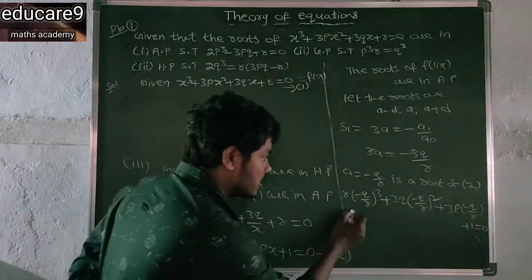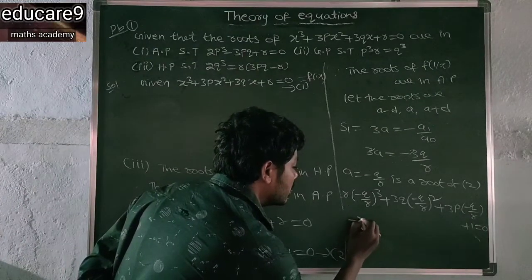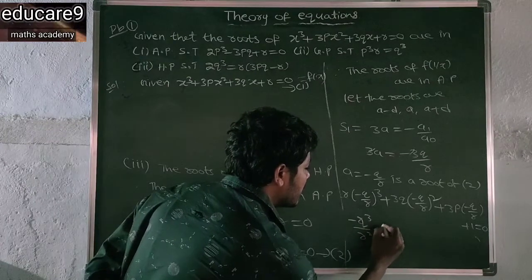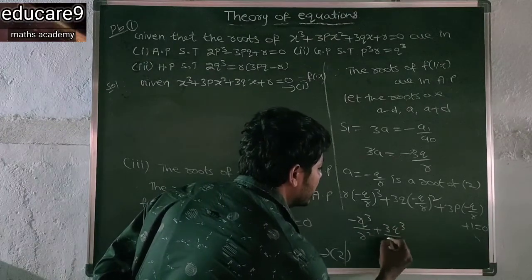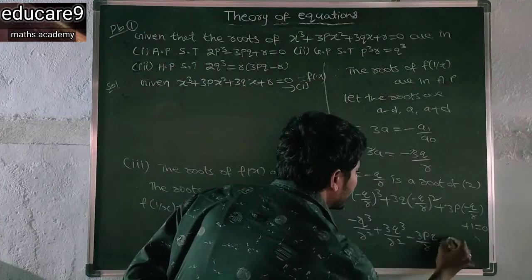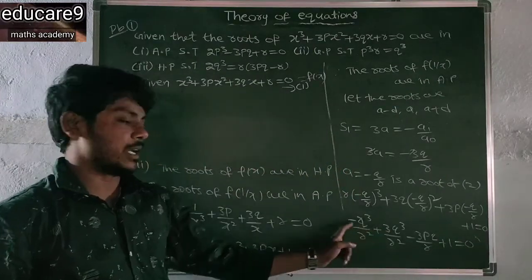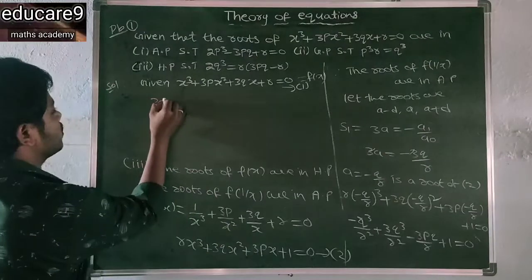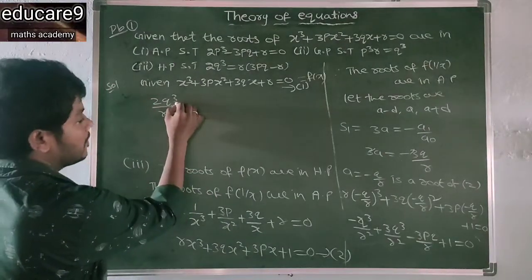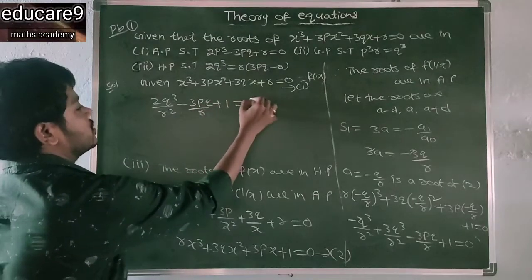So here simplify this, what will you get? Minus q cube by r square plus 3q cube by r square minus 3pq by r plus 1 is equal to 0. So again simplify this, 3q cube minus q cube, that is 2q cube by r square minus 3pq by r plus 1 is equal to 0.